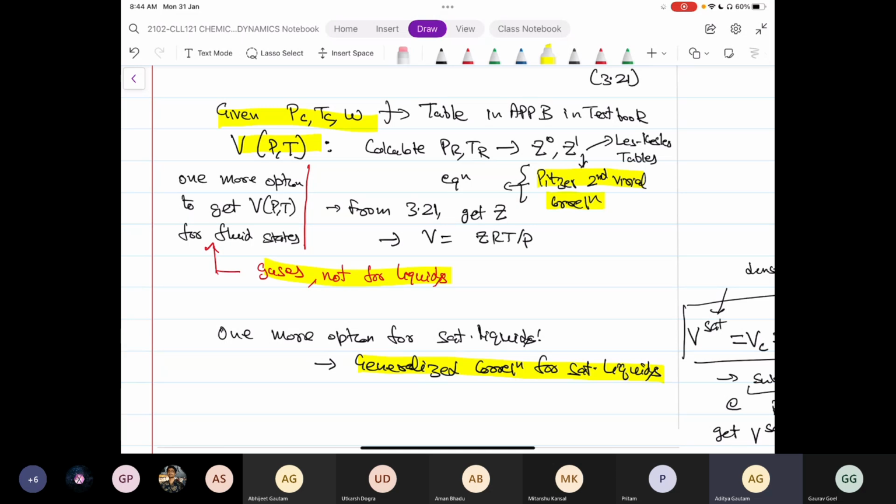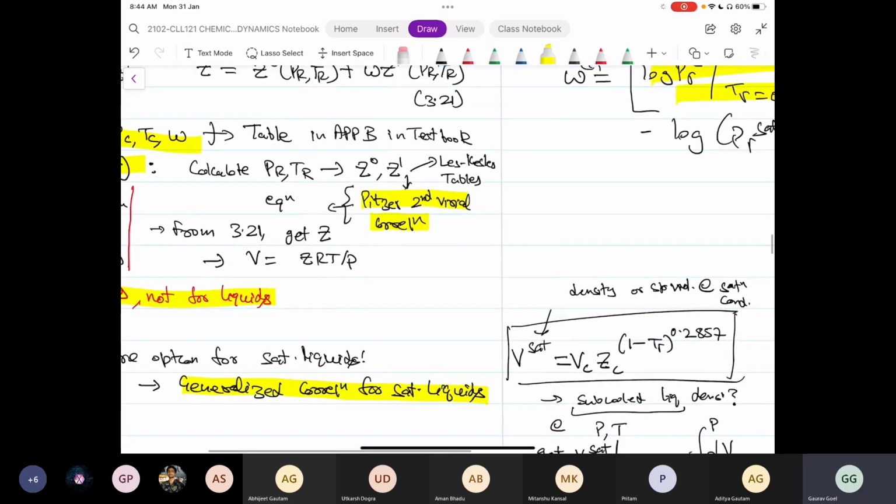But then Z0 and Z1 are also species properties for that case? Z0 and Z1 are not species properties per se. However, they are condition properties, right? We are only saying they are functions of PR and TR, so no species-dependent parameter is coming there. But you can estimate Z0, Z1 via various different correlations or equations.